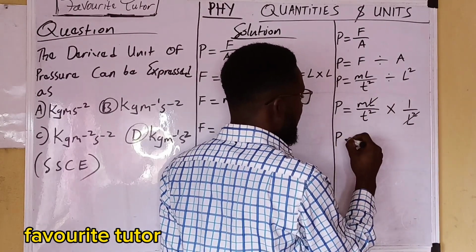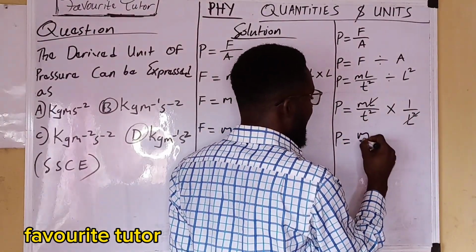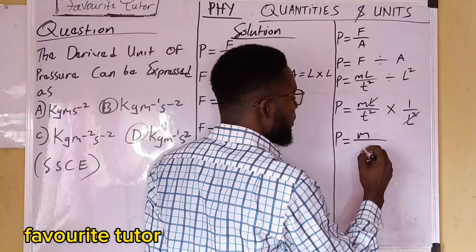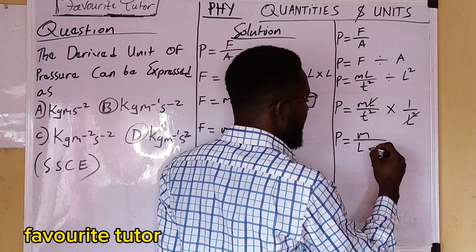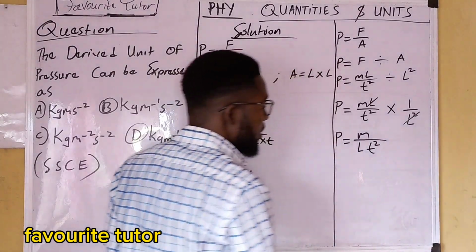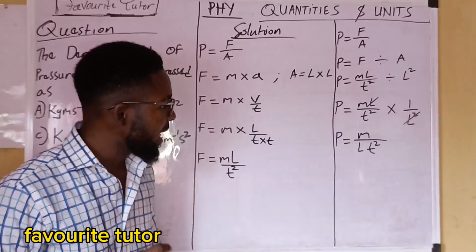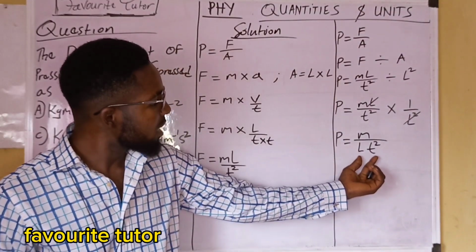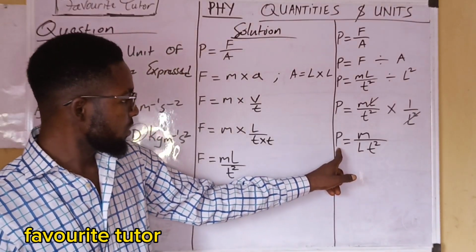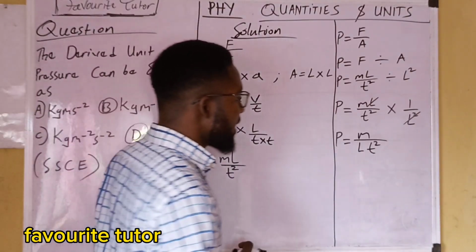So what do we have right here? We have mass all over, remember this length is raised to the power of 2, length times time raised to the power of 2. All right, this is the simplest fundamental quantity for pressure.